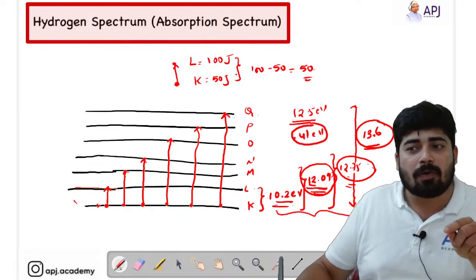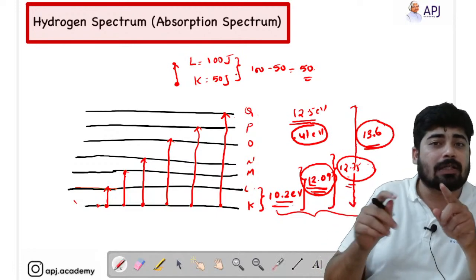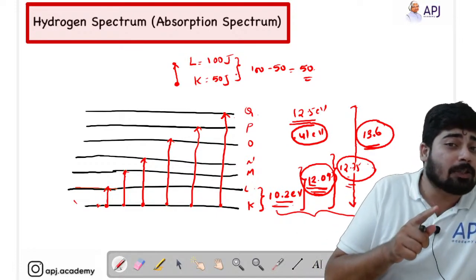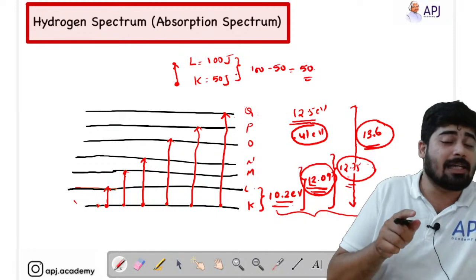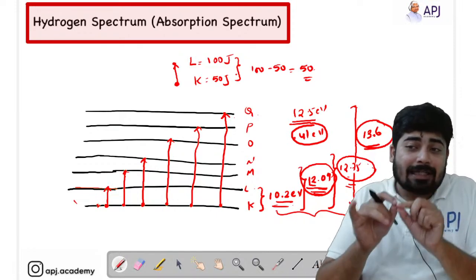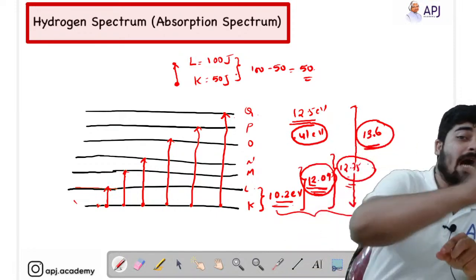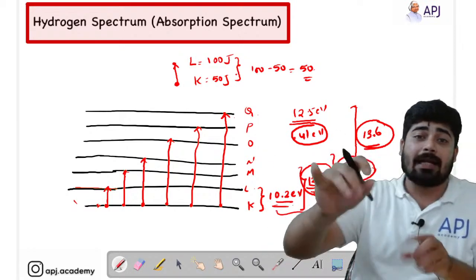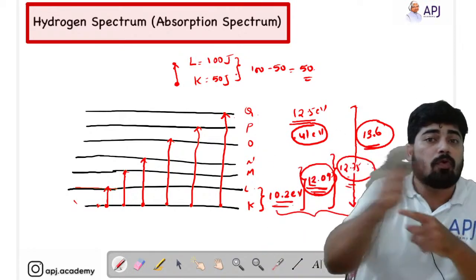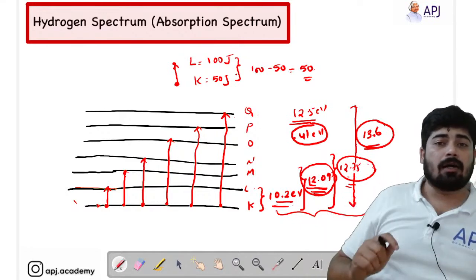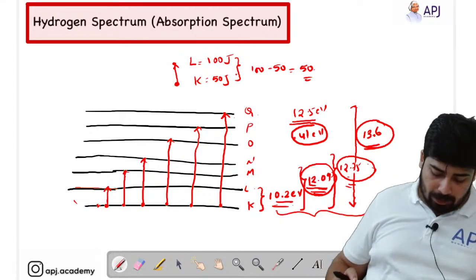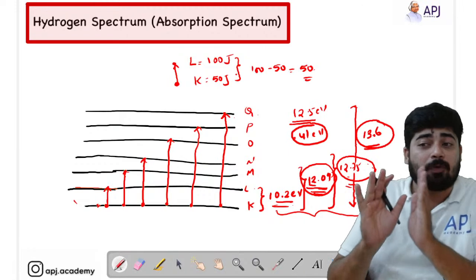This 0.41 electron volt is converted into the form of kinetic energy. That means it gets excited to the fourth shell and starts moving. This kinetic energy pushes the electron to move in that orbit. Okay, so that is what you have to understand.